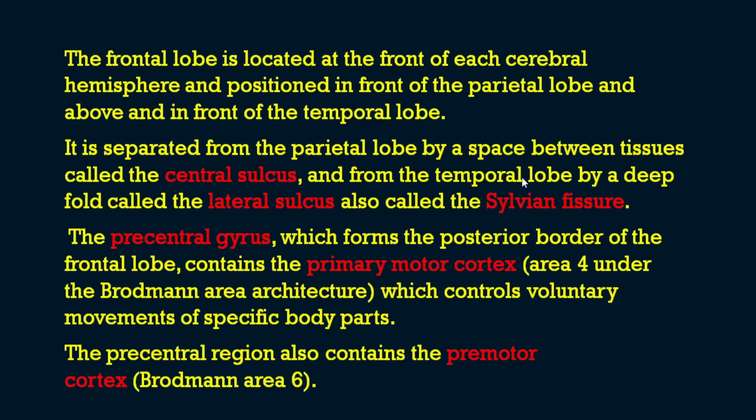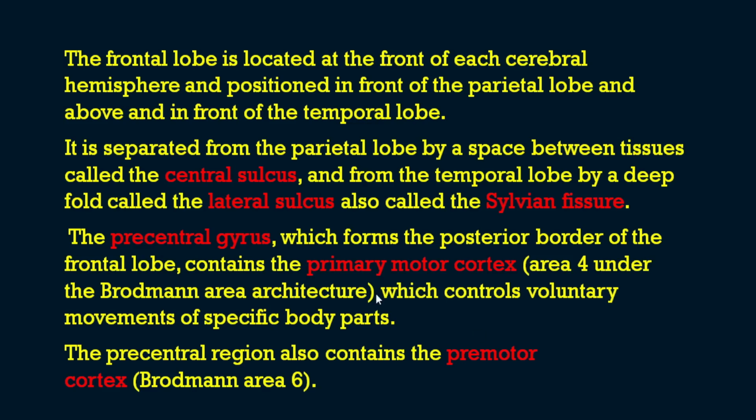So coming to the question I have asked, the precentral gyrus. The precentral gyrus, which forms the posterior border of the frontal lobe, contains the primary motor cortex. These are two other important points. This is the primary motor cortex, that is area 4 under the Brodmann area architecture, which controls the voluntary movements of specific body parts.